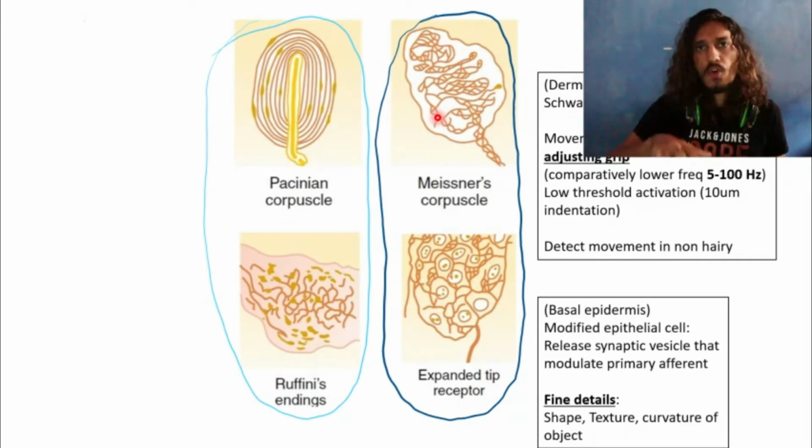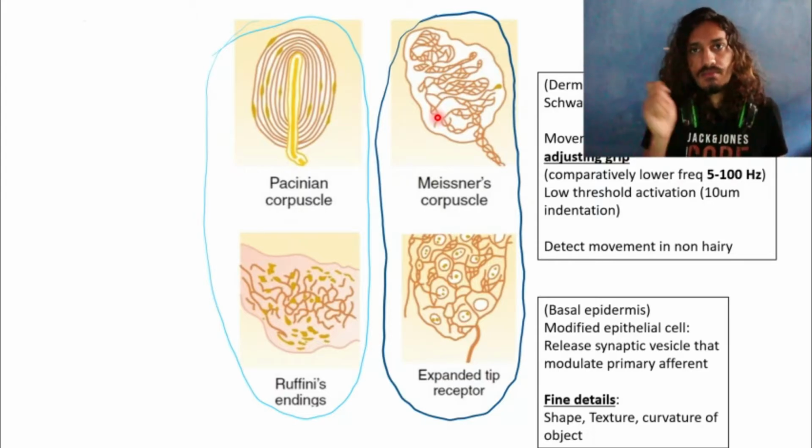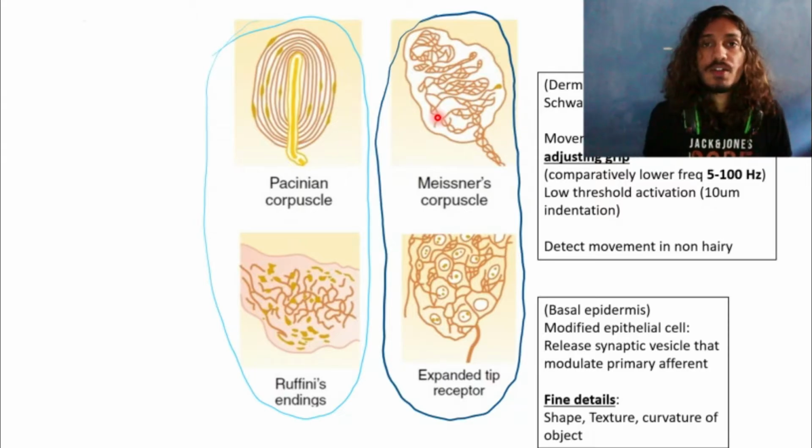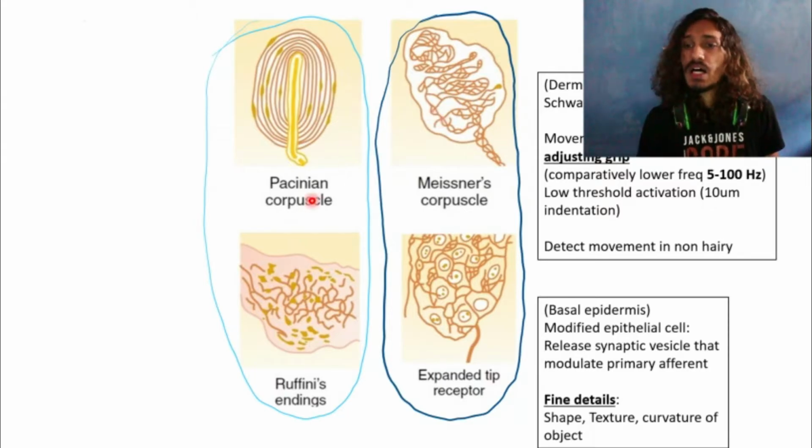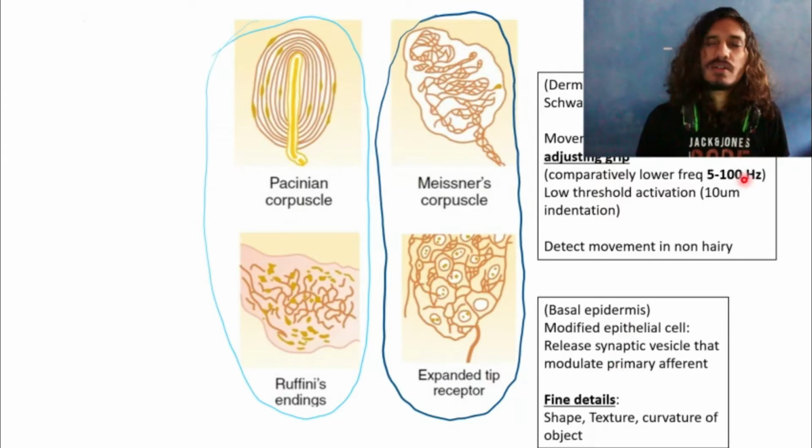And even low frequency vibrations. Vibrations generally, one after the other, when it starts stimulating it, it needs a rapid adapting system to understand it and differentiate it from a constant touch. That is where your Meissner's corpuscle comes into play. A lower frequency, like 5 to 100 hertz.